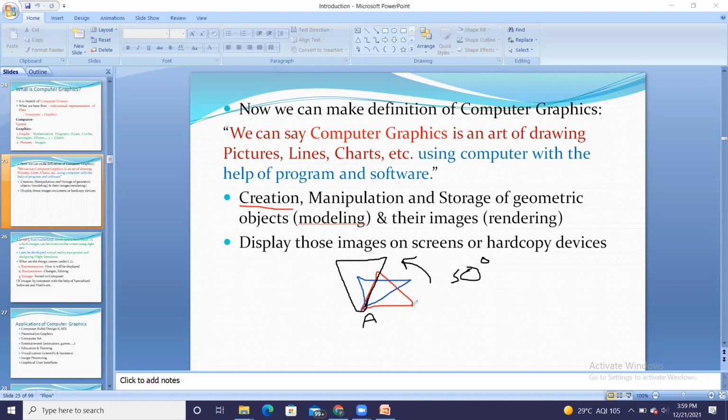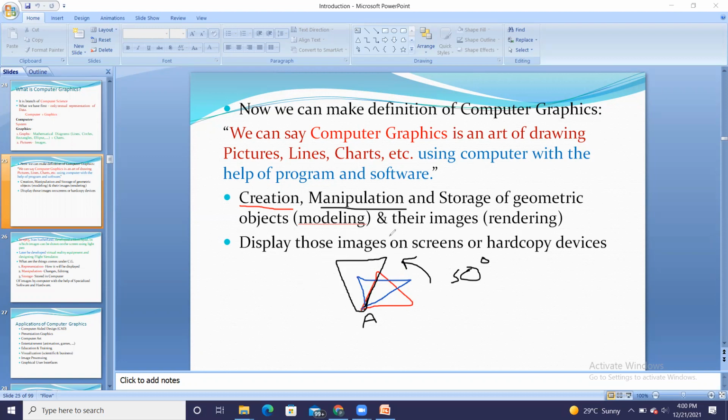The red triangle is my original picture and the black triangle is my resultant picture. So I create the original object, then manipulate it, that is, a 50 degree anti-clockwise rotation, and this black triangle represents the result of rotation.